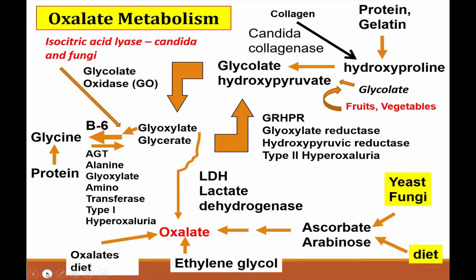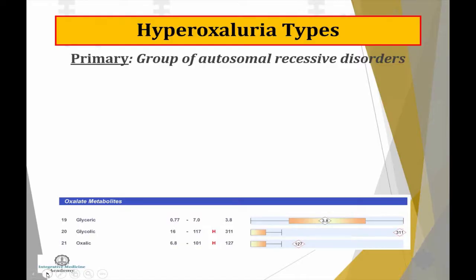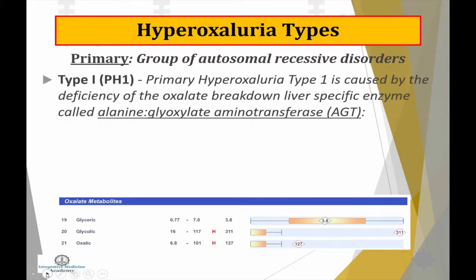There are certain disorders called primary hyperoxalurias. These are genetic disorders that lead to significantly elevated oxalates, but you don't necessarily have to have the genetic disease in order to have some elevation of some of these other oxalate values.